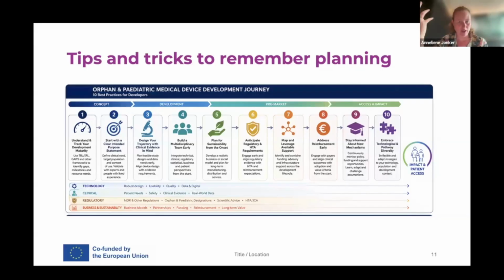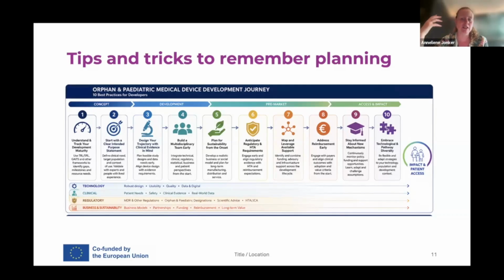The fourth overall tip or trick is to build a multidisciplinary team quite early on. Really bring all these different people together, from patients to clinical experts, technological experts, regulatory experts, reimbursement experts and marketing experts, to truly make them all come together. Plan for sustainability from the onset follows from that: think quite early about how to get it into the market, and not only start thinking about that whenever a regulatory approval comes along.